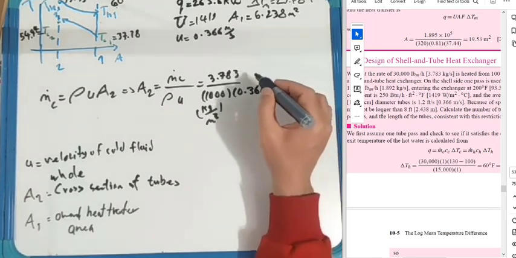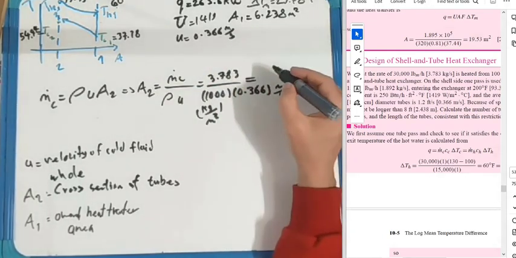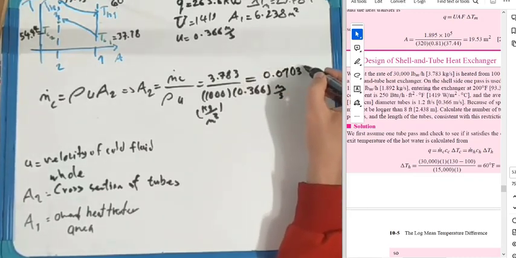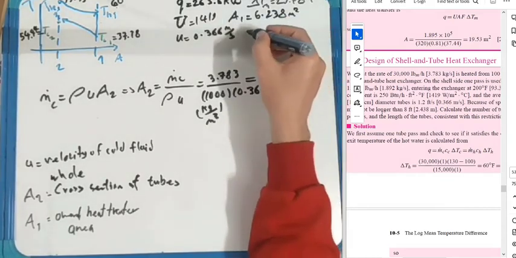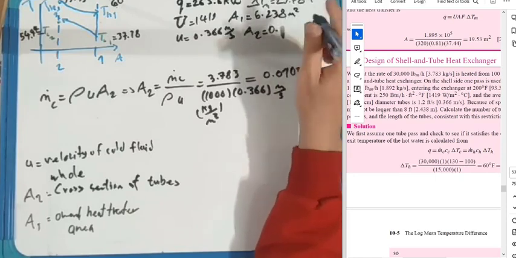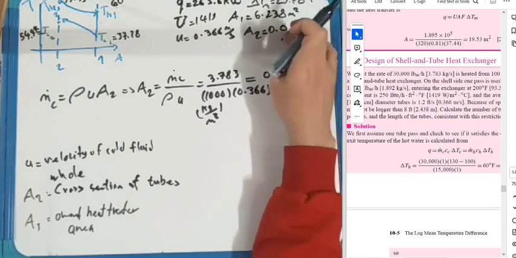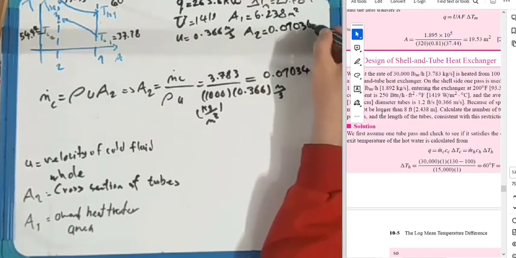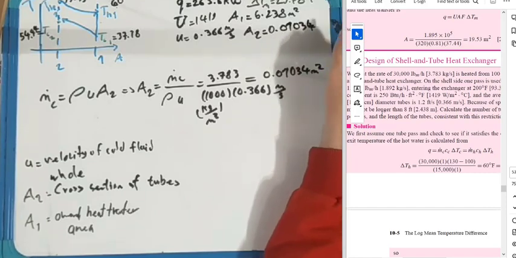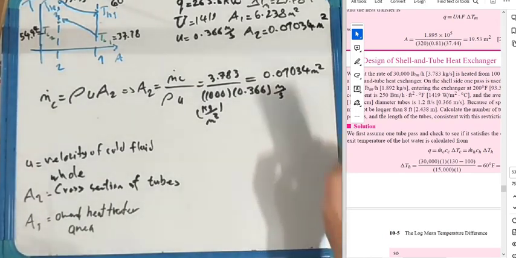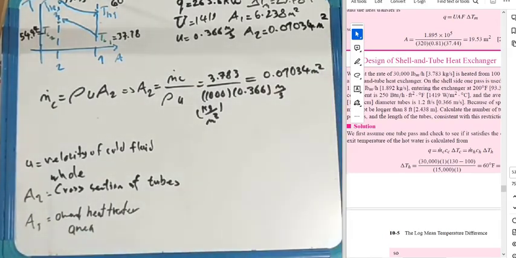The answer for A2 will be 0.01034 meter square.